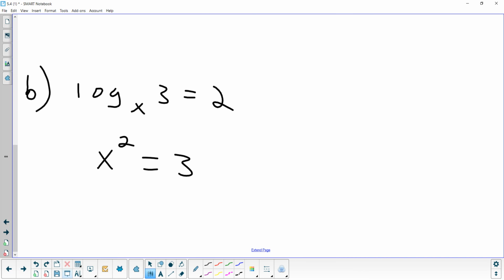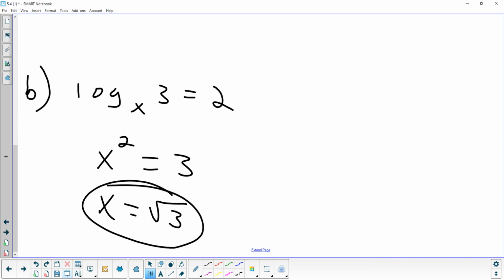How do we get rid of the exponent of 2? You square root both sides. And remember, x is a base. We talked about the base. It has to be greater than 0. So normally when you take a square root, there are 2 answers. But you cannot use the negative answer with a logarithm. So x equals square root of 3. Questions on that?